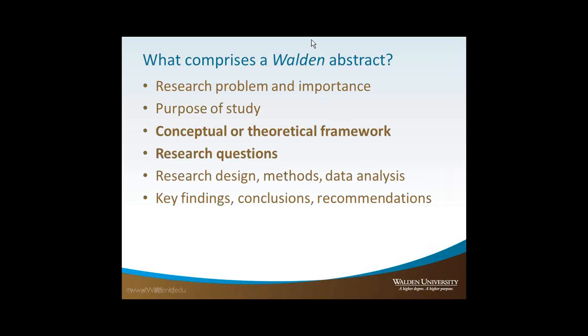Research design methods, conclusions, or data analysis, key findings, conclusions, recommendations, implications for positive social change. So that is the other very unique element of a Walden abstract that should be included in every Walden abstract that's written. There should be some explanation about who will benefit from the research findings and in what way exactly. And the more specific you can be about that, the better.